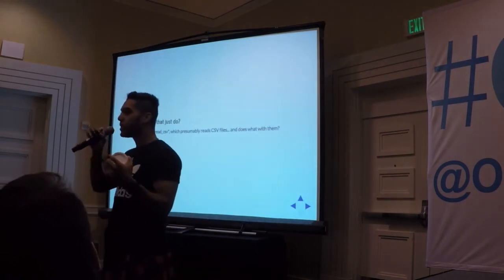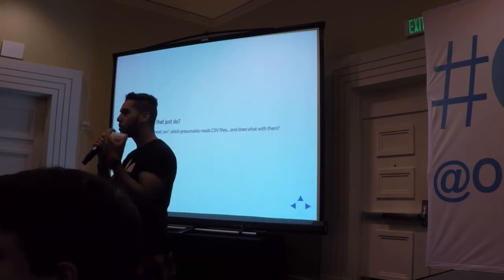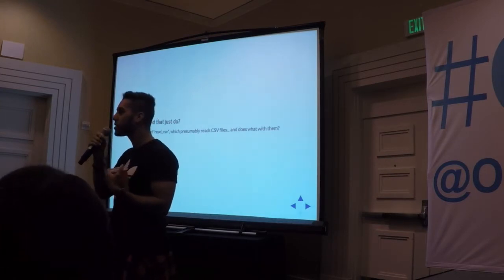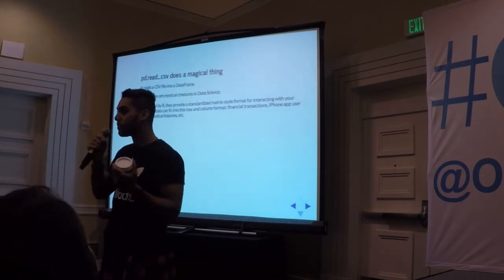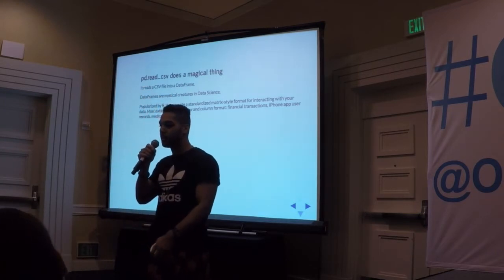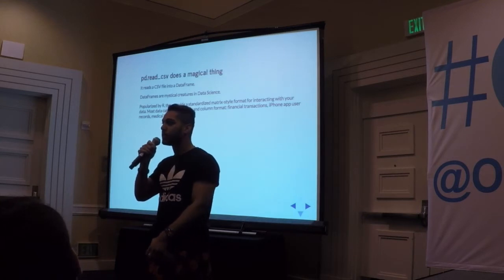So this read CSV, based on the title, I think it reads CSV files, but what were those output objects doing? What is that? How can we use that? Well, it puts the data into a data frame. And a data frame is this important concept of relational tables, which you'll see in just general database theory.